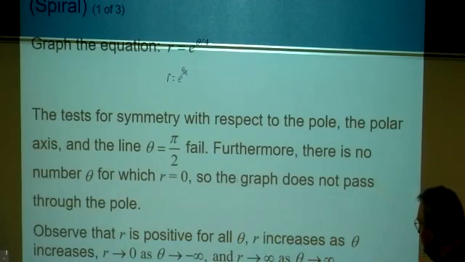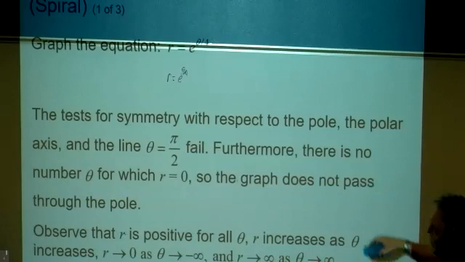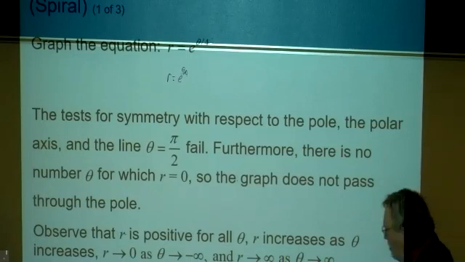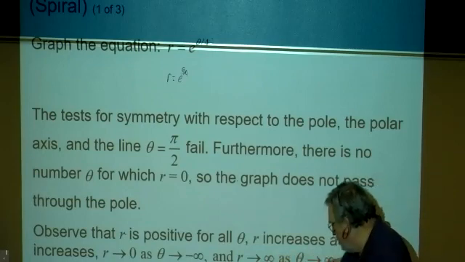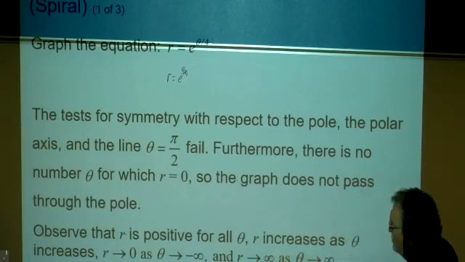And r increases as theta increases. And r goes towards 0, but never equals 0, as theta goes towards negative infinity, because you get fractions that are smaller and smaller and smaller. And r gets larger and larger as theta gets larger.